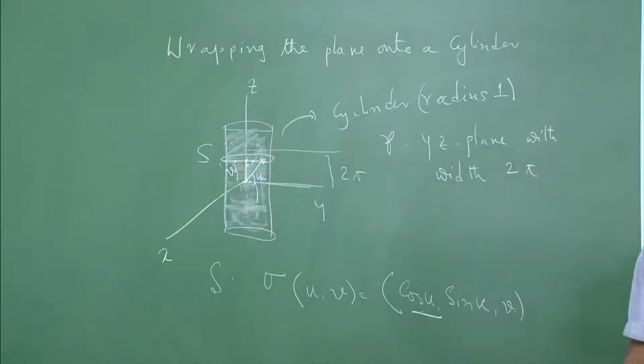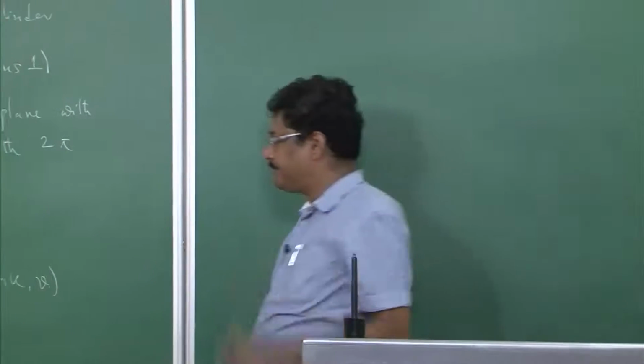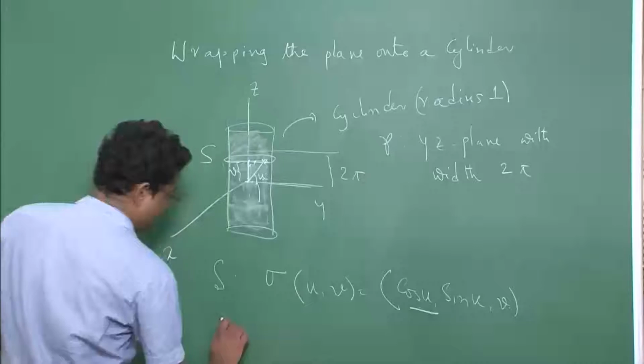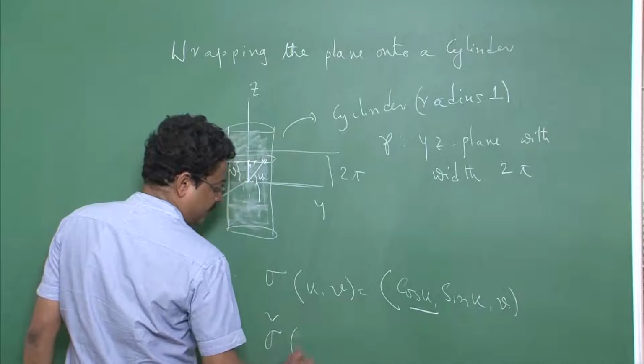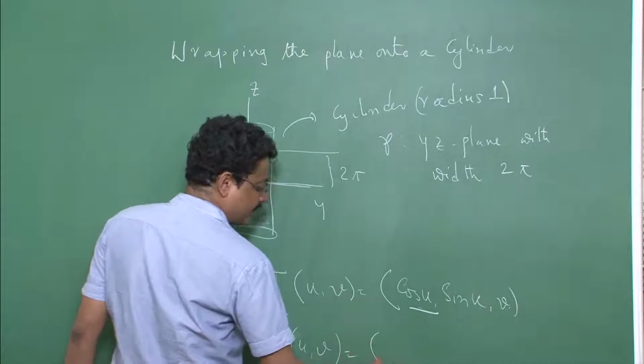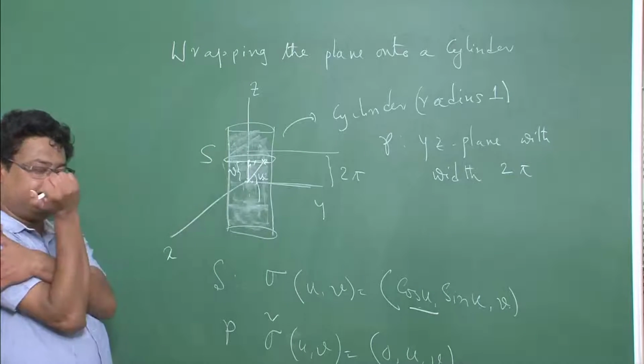Now, how is this YZ plane parameterized? YZ plane is parameterized by sigma tilde of u, v equal to 0, u, v. Now, if I try to wrap it, what will happen?